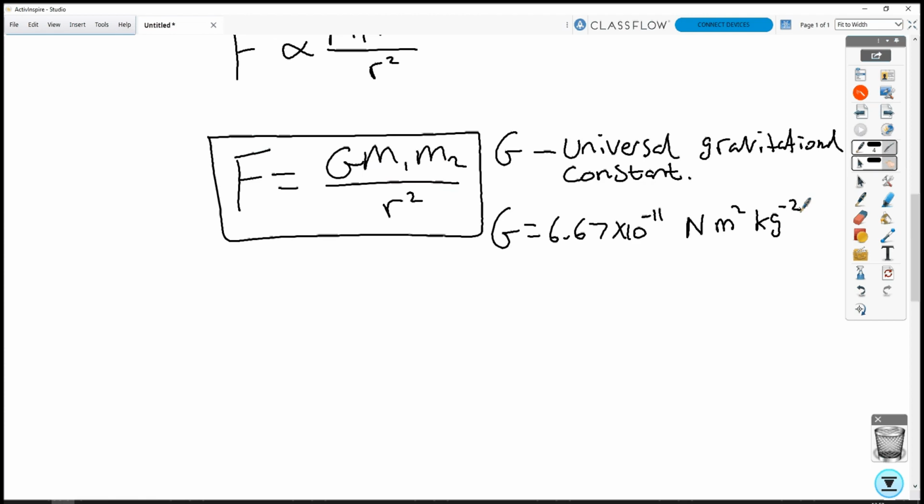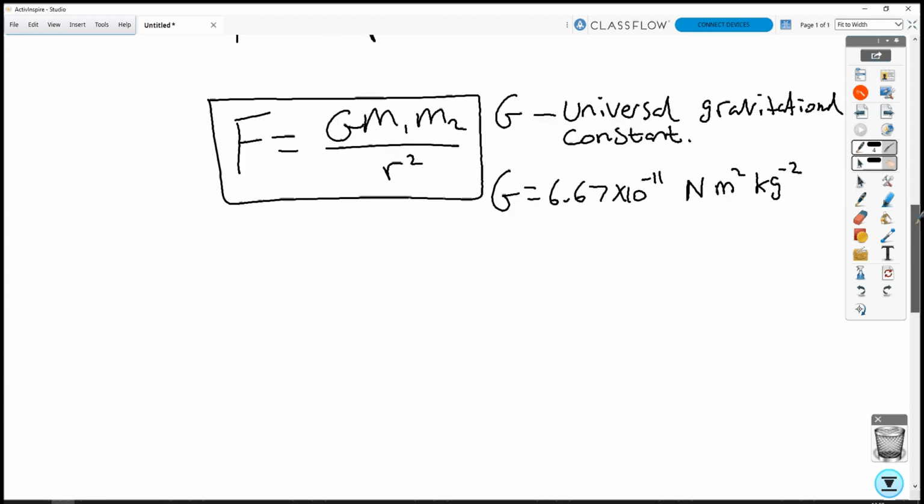So we use the word gravitational field strength. This is little g that you guys already know from your prior knowledge. Little g on the surface of the Earth is 9.81 newtons per kilogram. But we have to define what exactly the gravitational field strength means.